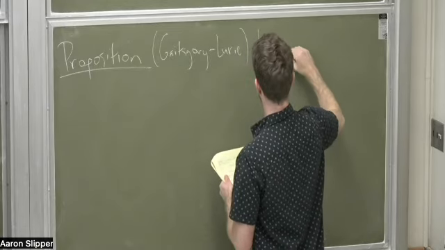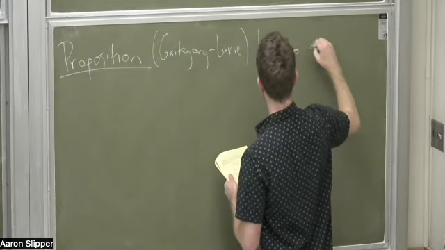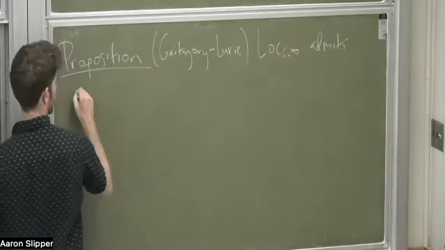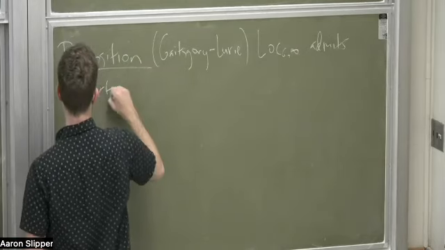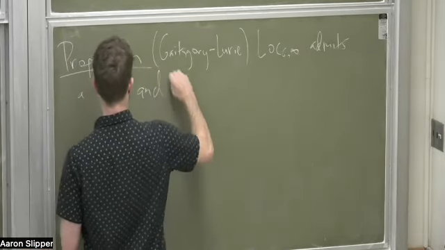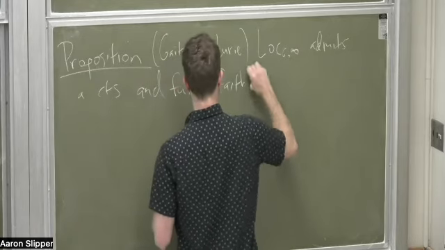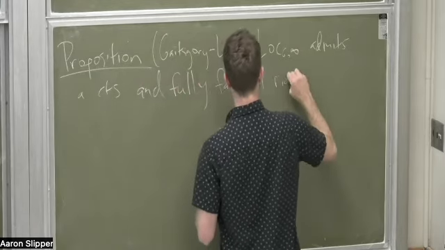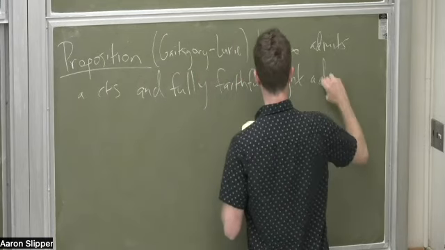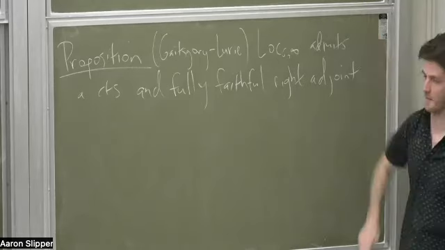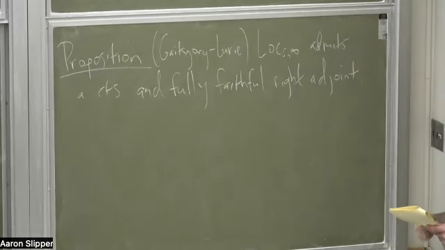So this loc G infinity admits a continuous and fully faithful right adjoint. It's also given by pull push in the opposite direction in the appropriate sense.